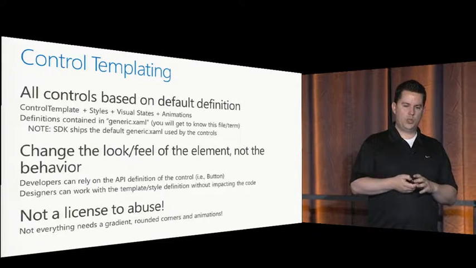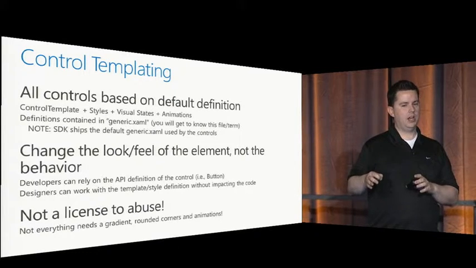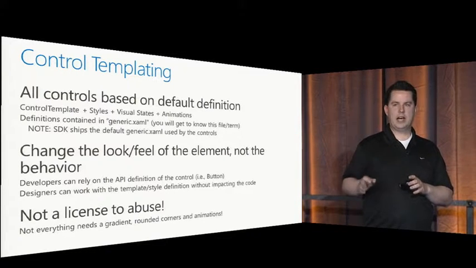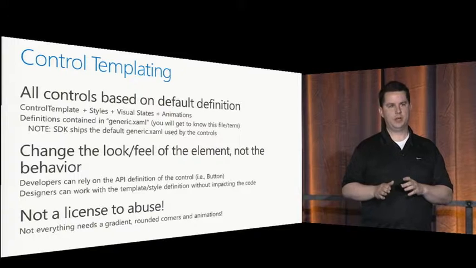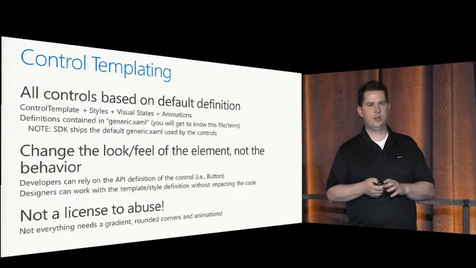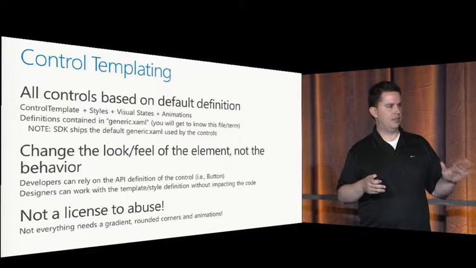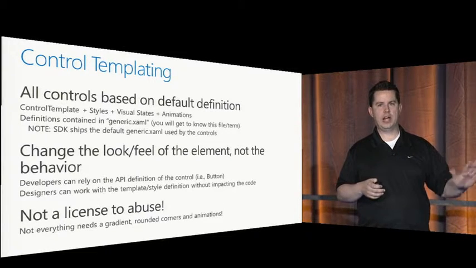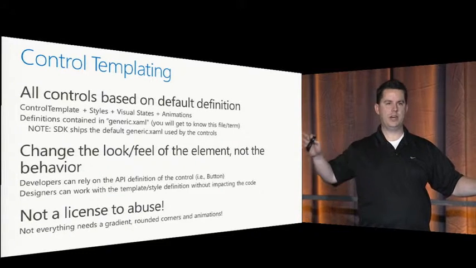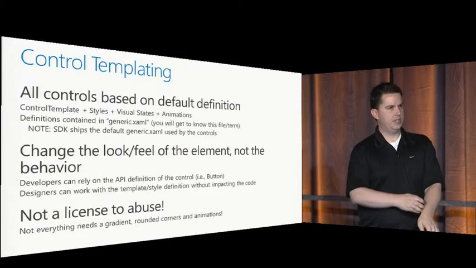Now, what you want to consider when you do this templating is that templating changes the look and feel of the control, but not the behavior. So I can make a button look completely not like a button, but it will always act like a button. And the key here is that separation between a developer and a designer, which is one of our bigger principles in XAML, that we're able to create that separation, that the developer working at the API level can have a reliable framework that they know that they're going to be working with button click, and that's not going to change regardless of how the designer is tweaking the UI to match branding or some unique characteristic.